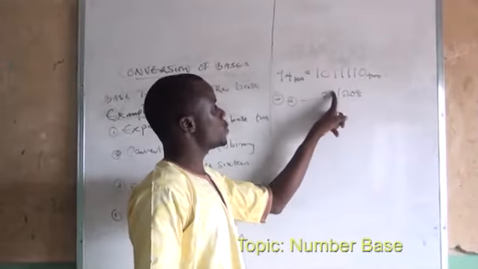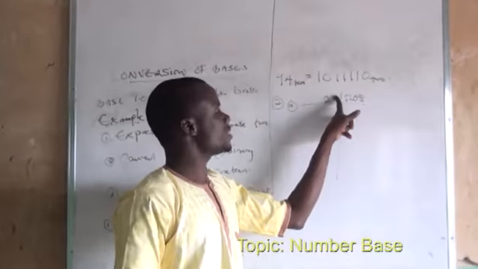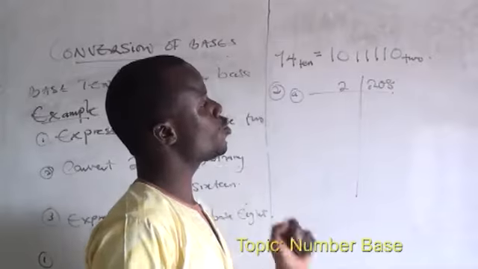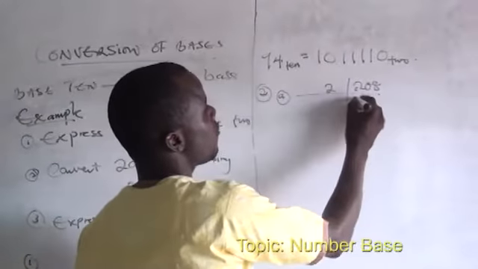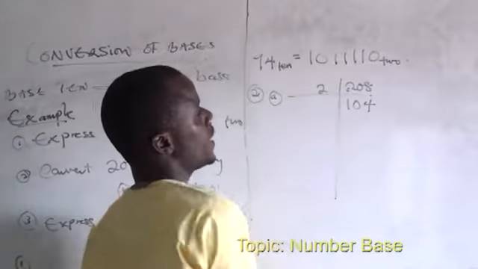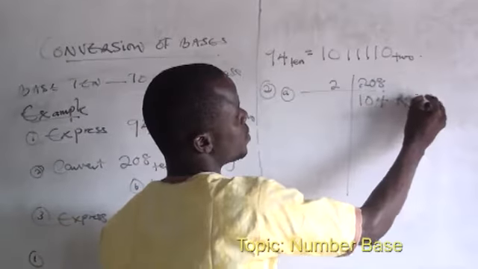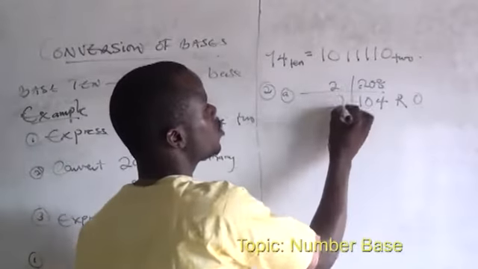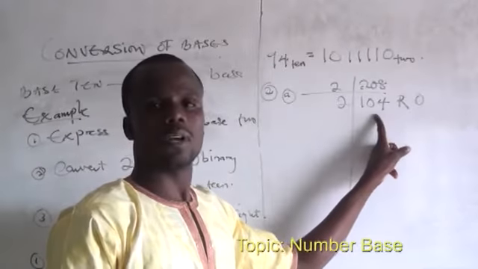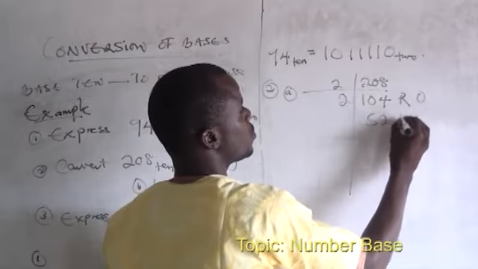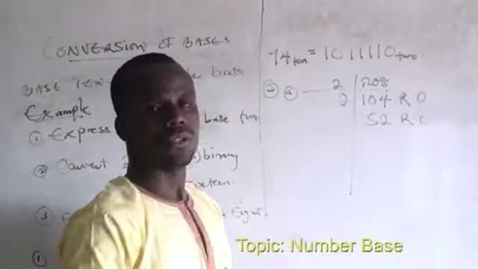Base 10, we are going to convert it to binary, that is base 2. So here we say 2 into 208, we have 104, remainder 0. Then 2 into 104 goes 52, remainder 0.